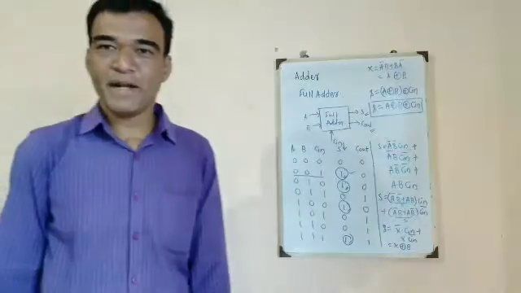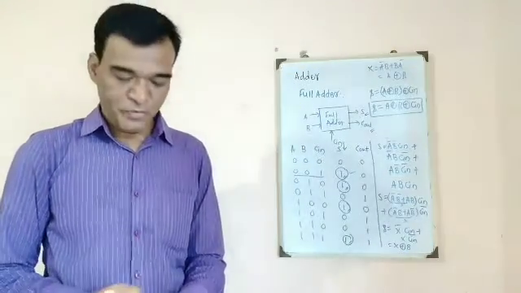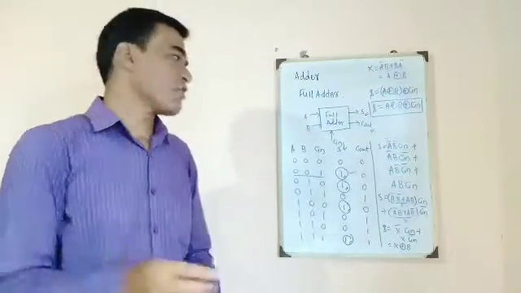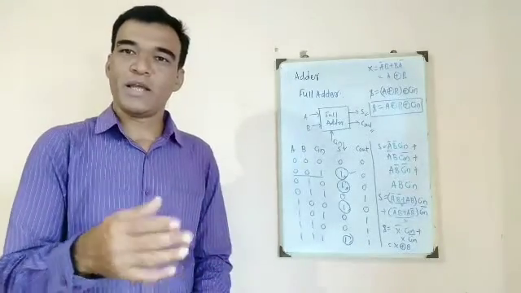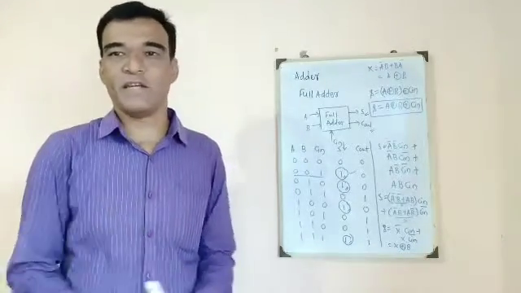We have identified the expression for the sum, which is the XOR of A with B, and XOR of this result with C in.